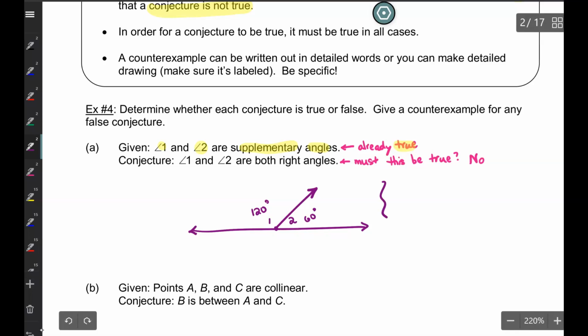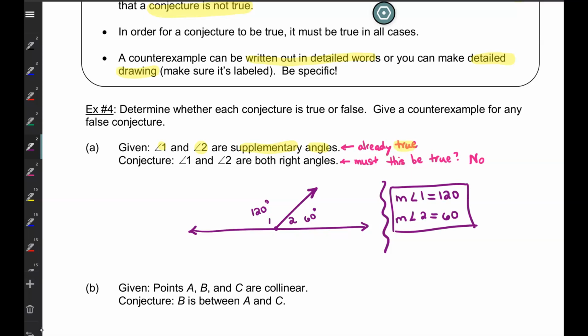Now another way I could write this out, remember I said you could do a detailed drawing, which is what we did, or we can actually just write it out in detailed words or symbols. So I could just say measure of angle 1 equals 120, and I could say measure of angle 2 equals 60. So did I state two angles that are supplementary?